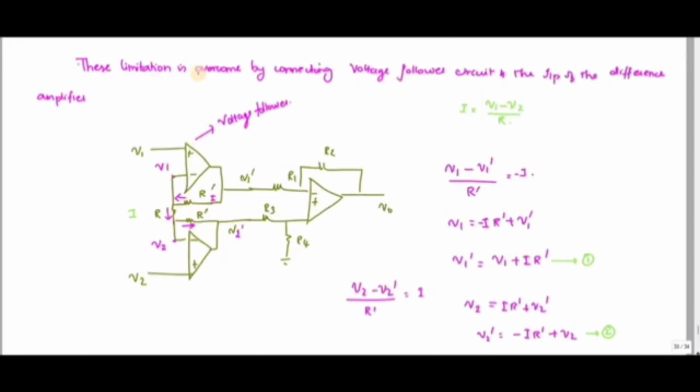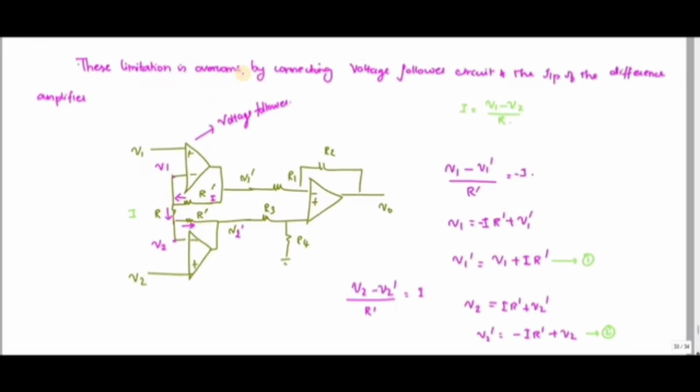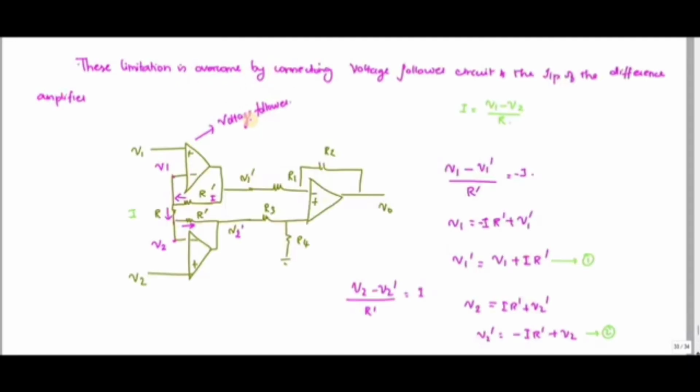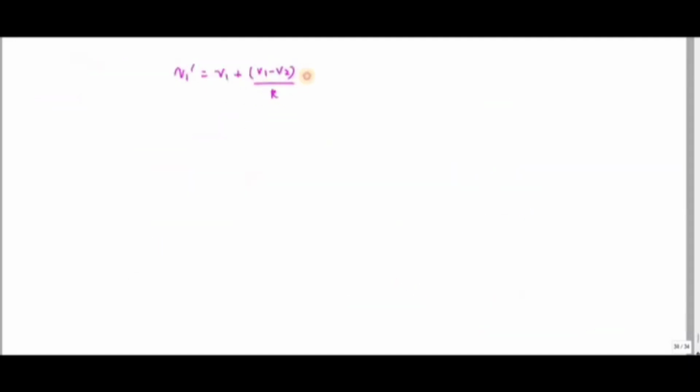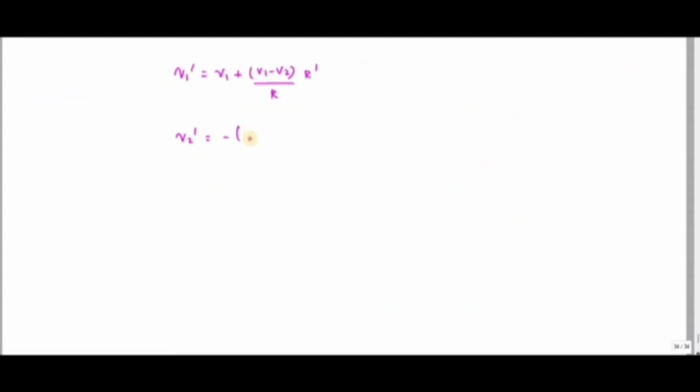So V1 dash is equal to V1 plus (V1 minus V2) divided by R dash. So V2 dash is equal to minus (V1 minus V2) divided by R dash plus C. Okay.